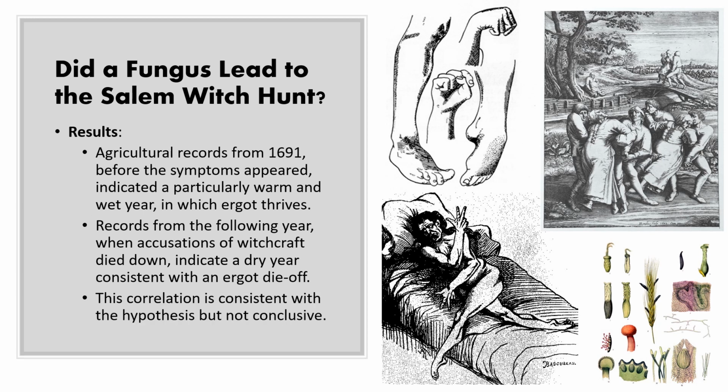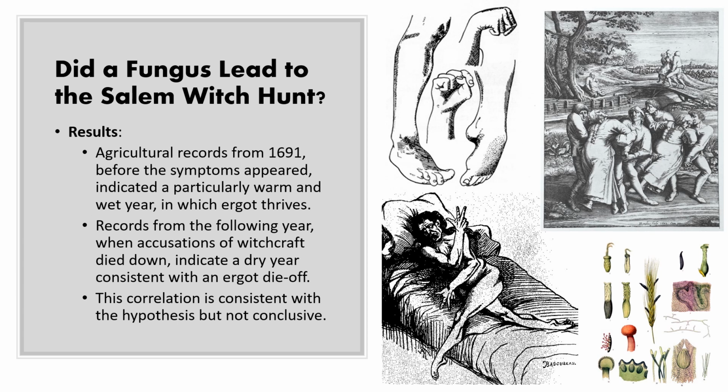Now, this is a correlation, and it does show that there's some consistent evidence with the hypothesis, but this isn't conclusive because there are also a lot of other reasons why witch hunts take place. Some of them have to do with misogyny, others have to do with creating scapegoats for disasters, and lots of different types of reasons.